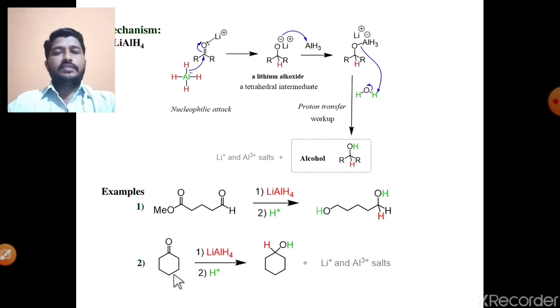See the second example, cyclohexanone, a carbonyl compound, in the presence of lithium aluminum hydride. The same reduction of the carbonyl group takes place and it is converted into a secondary alcohol.